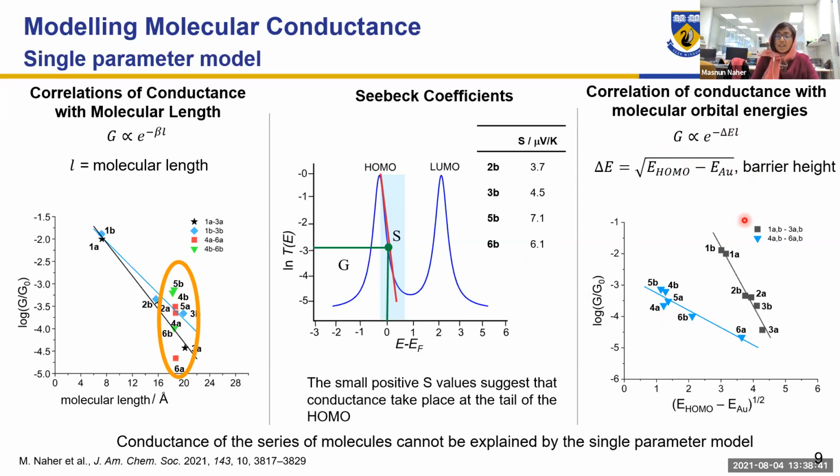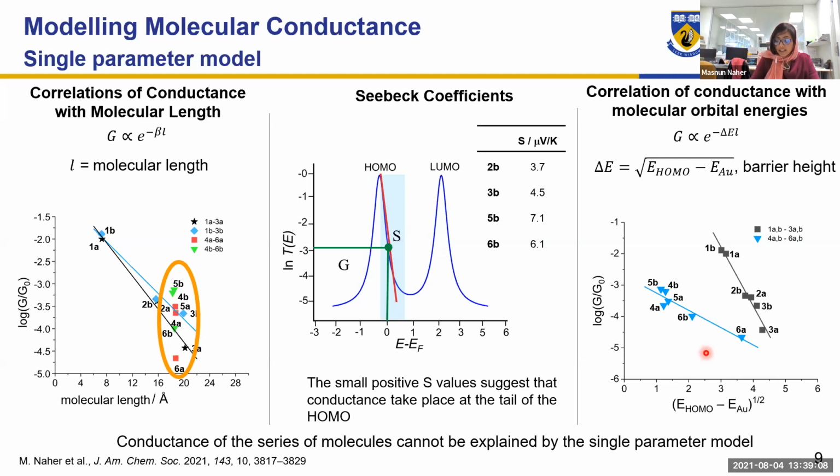Although all these compounds from our designed series are HOMO-mediated, you can see from this conductance versus tunnel barrier height plot that the organic series and organometallic series follow completely different trends. So again, we can't explain this series of compounds by any single-parameter model.